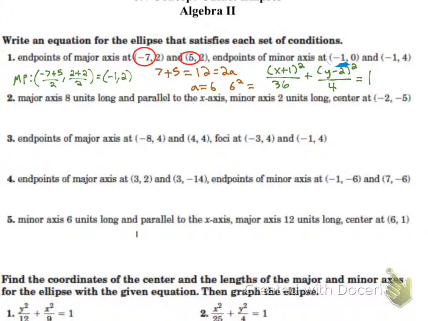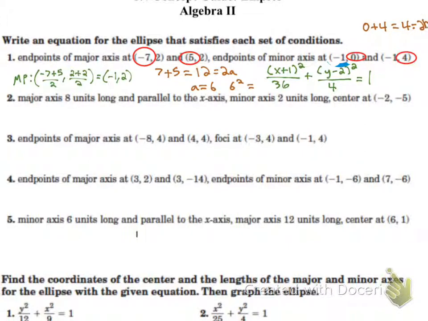Same thing with the minor axis. I know it's going underneath the y because the y values are the 2 values that are changing. This is a little easier with 0, but that distance from 0 to 4 gives me 4.